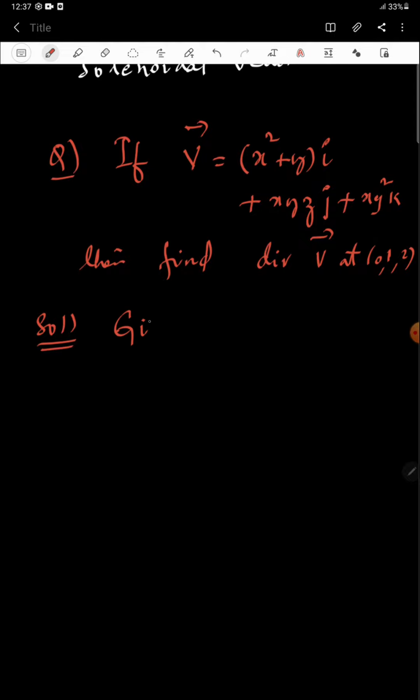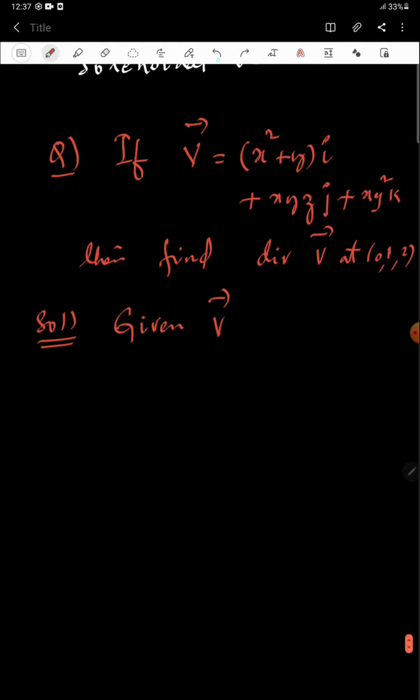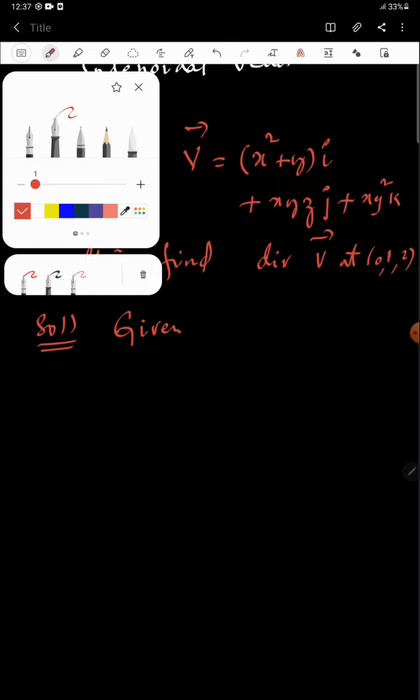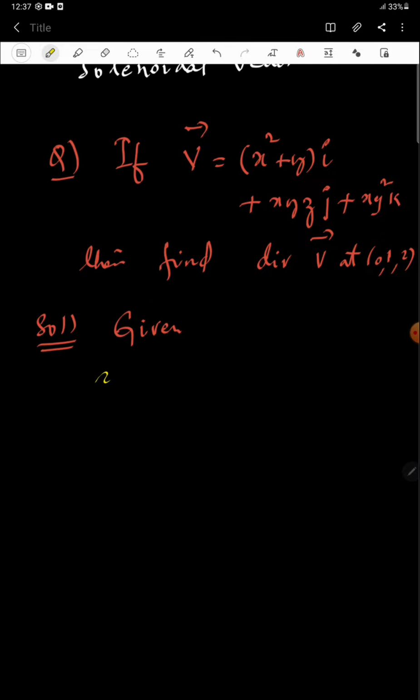Given vector v is equal to (x square plus y) i plus xyz j plus xy square k.